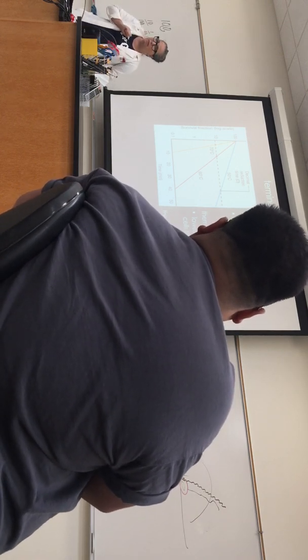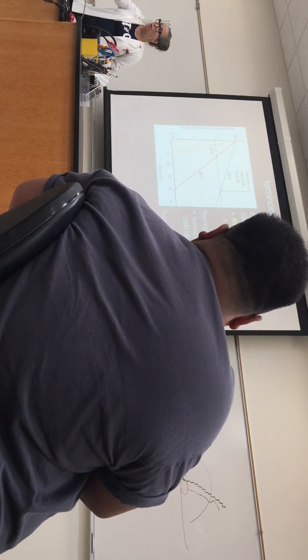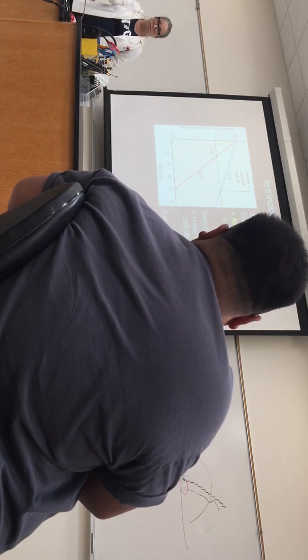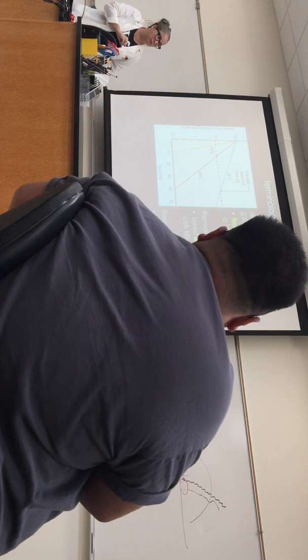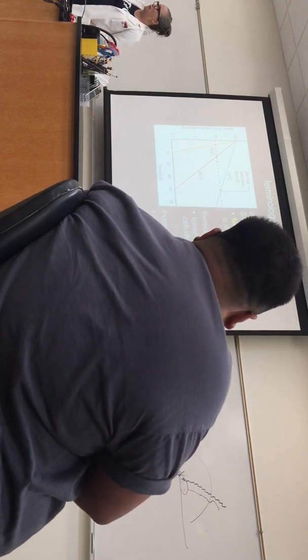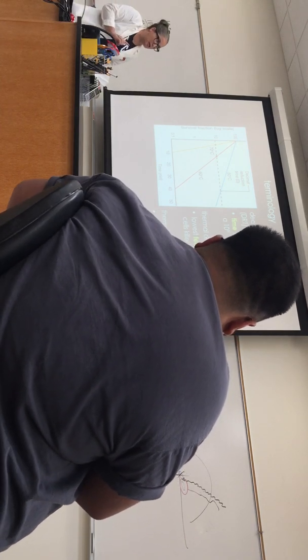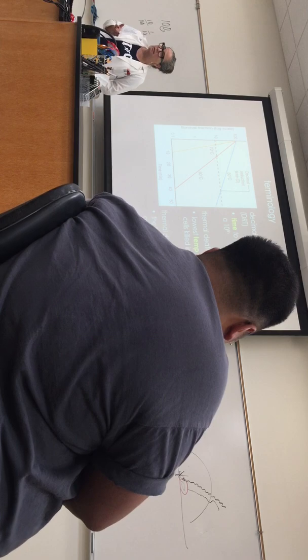How hot do you have to make it to kill everybody within 10 minutes? So the point is 10 minutes. What's the temperature? So there's one thermal death point for every organism, right? Because that is the time that it takes to kill all the cells within 10 minutes.